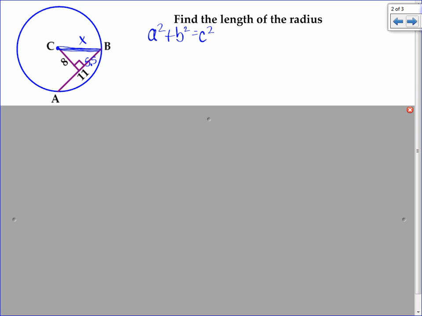Which one is our C squared on that picture? The X, right? The hypotenuse. So we've got, I'm going to need some calculator help with this one, 30.25. So when we put those together, we've got 94.25.